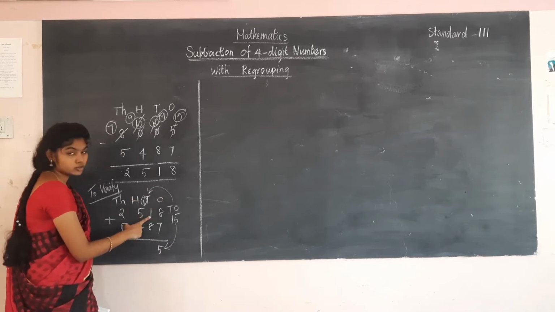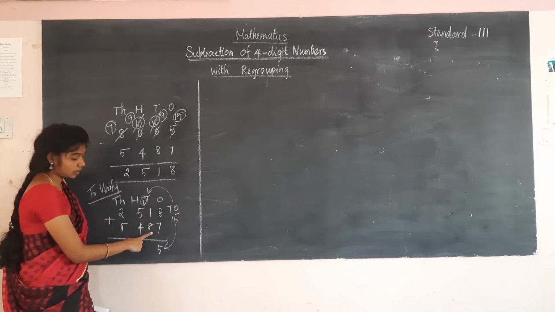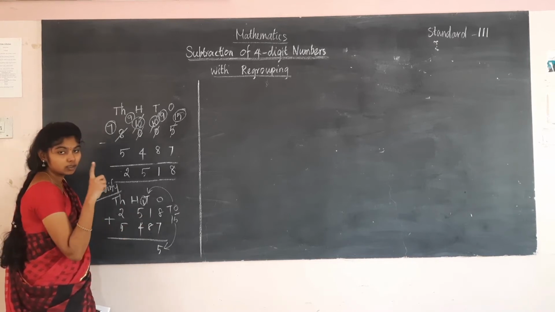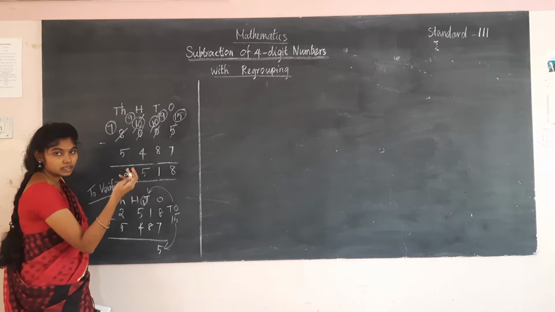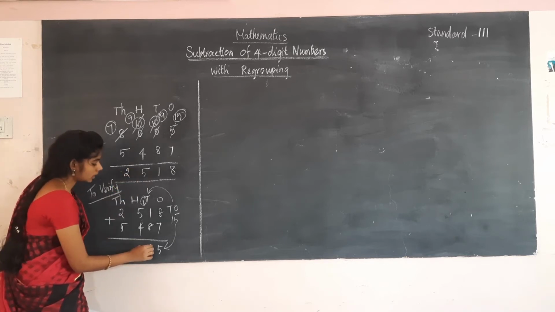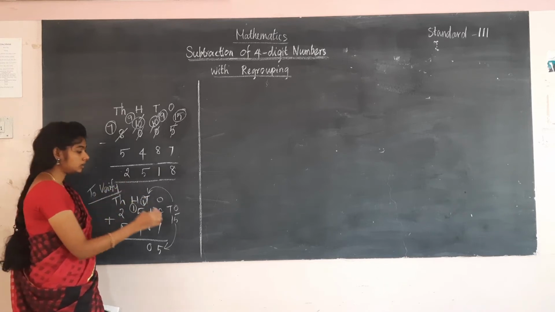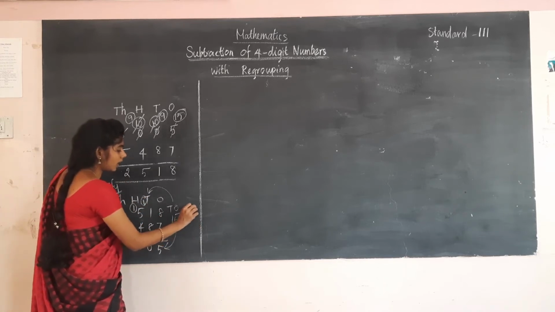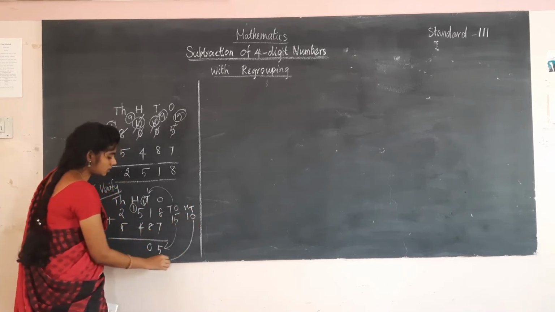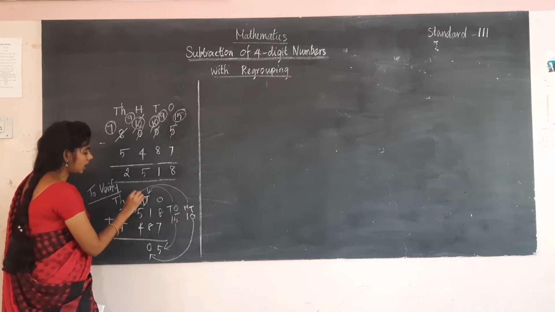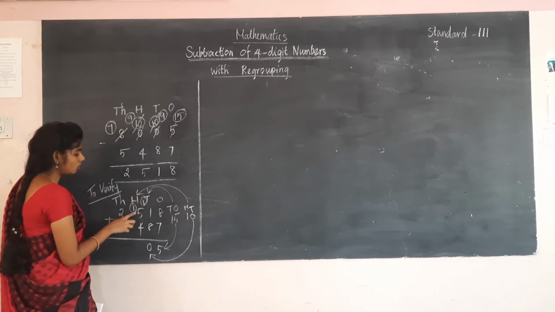1 plus 1 is 2, 2 plus 8 is 10. So if it is 10, 0 should be written in the tens place and the 1 should be carried over. If you have difficulty, write 10 outside, then write tens place, hundreds place, and take 0 to the tens and 1 to the hundreds place.